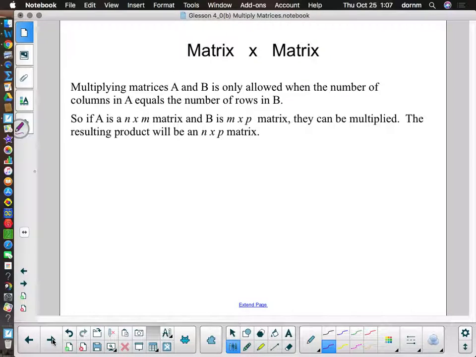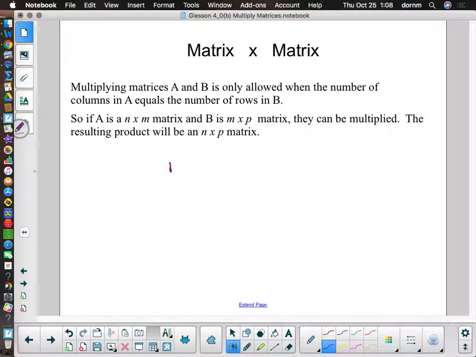Multiplying a matrix by a matrix is more complicated. We don't just multiply corresponding elements. It's not like addition. Multiplying two matrices, matrix A and matrix B, is allowed only when the number of columns in A equals the number of rows in B. Okay, let that sink in.